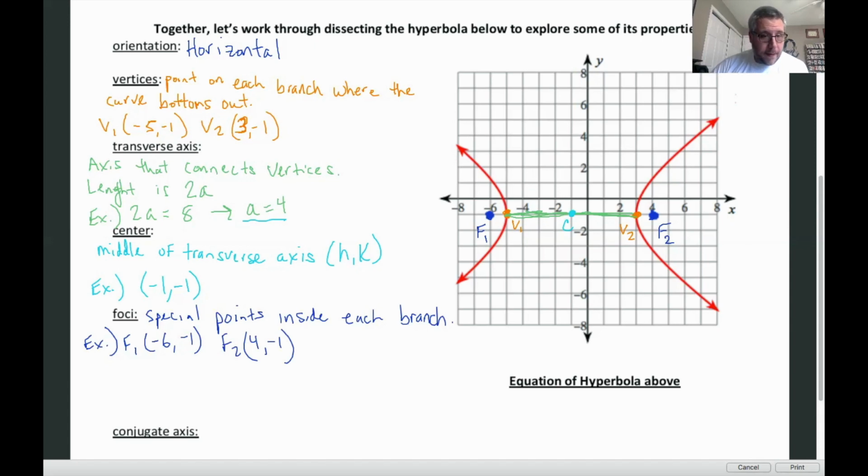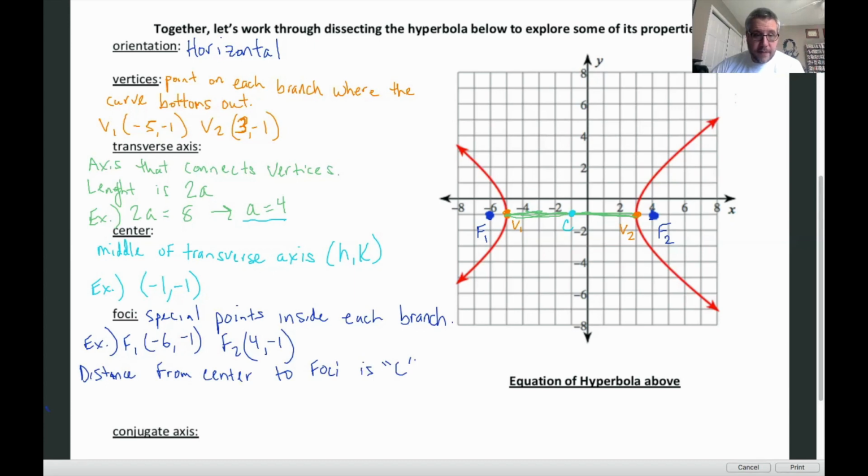All right. What else can we say about these things? Well, the distance from the center to either focus point, or the foci plural, is what's called c.